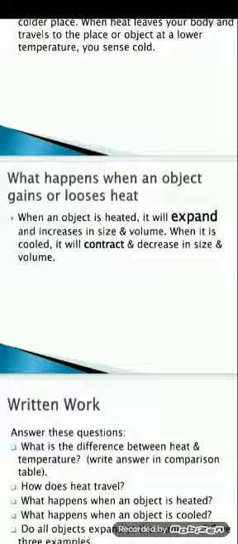It will become a little bit larger. But when the same object is cooled, it will contract. Contract means it will decrease in size and volume. So when any object is heated up, it increases in size and volume, and this is called expand. And when any object is cooled, it decreases in size and volume, and this is called contract.